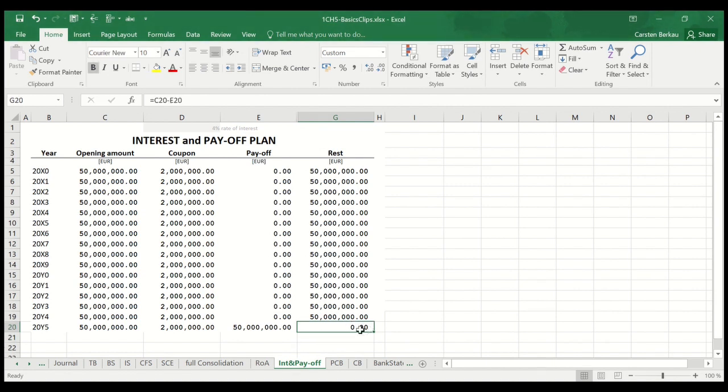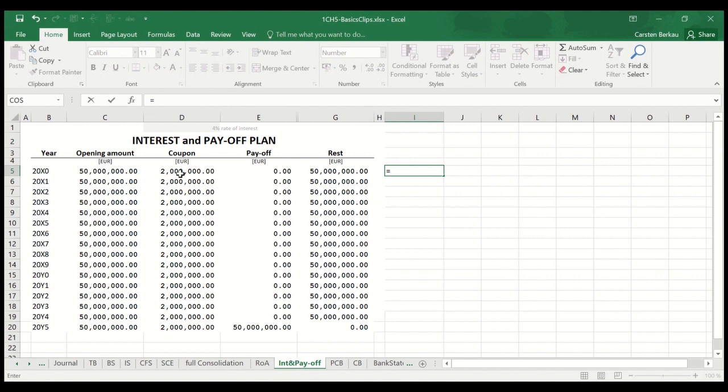Following the international accounting standards, bonds must be valued based on amortized cost. This means we have to apply the effective rate of interest method. In order to calculate the effective rate of interest, we prepare a vector for all the payments which are relevant during the accounting period.